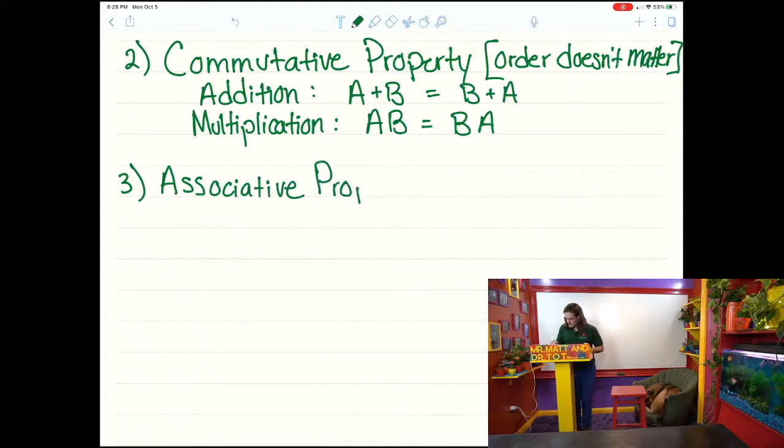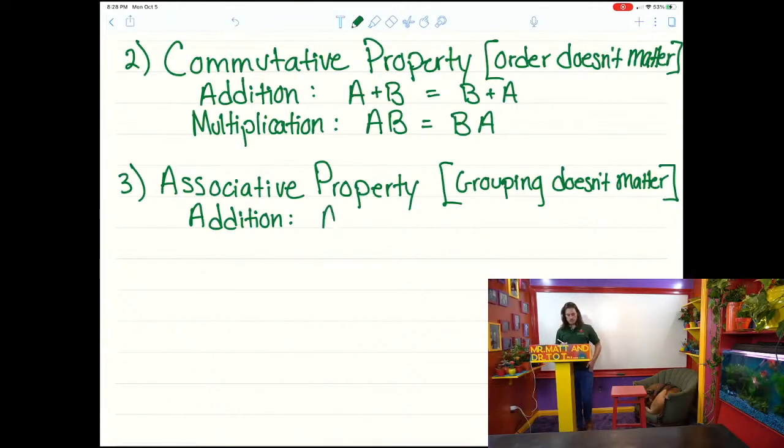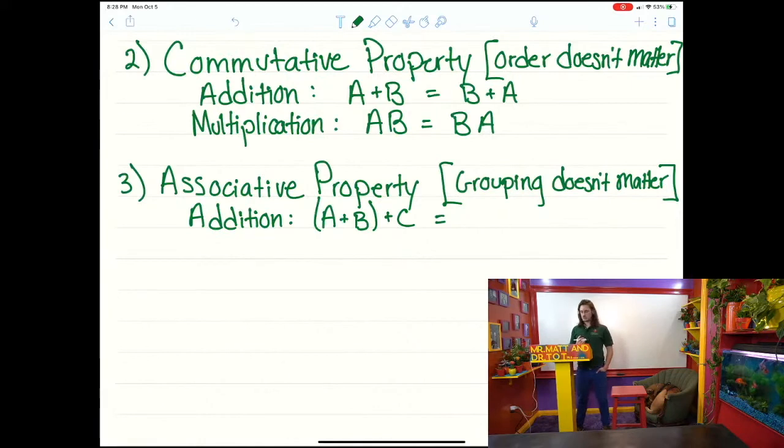So for addition, the associative property is that if we group A plus B, plus the quantity C, that is always equivalent to A plus the quantity B plus C. So it doesn't matter in which grouping, in which method or manner that you group the values. If you're adding them all up, then they're equivalent expressions.